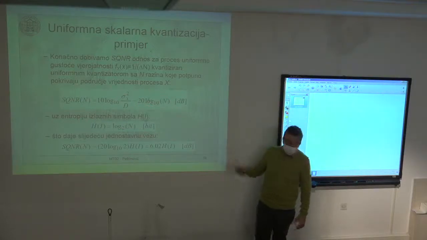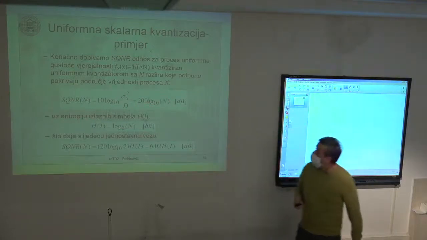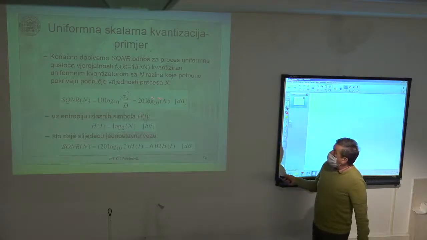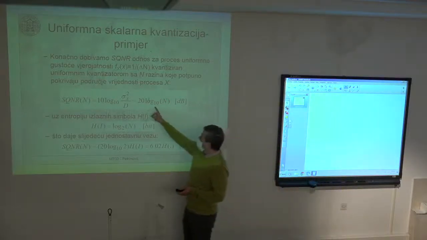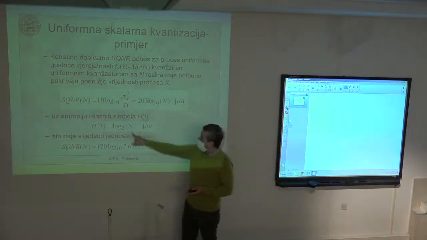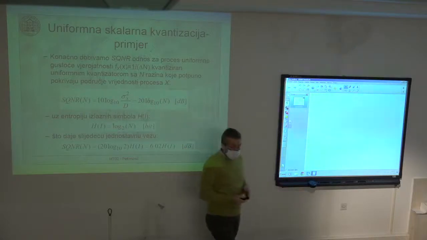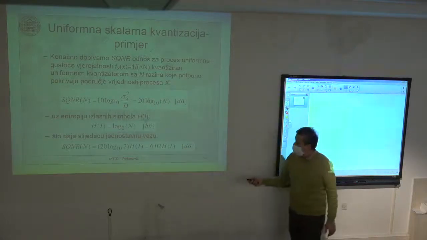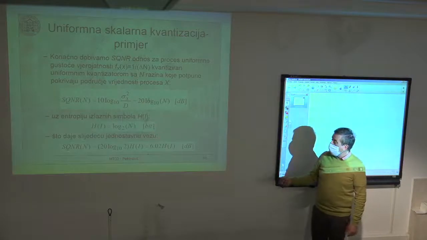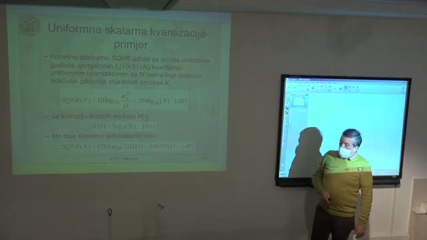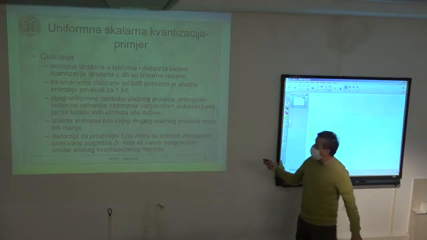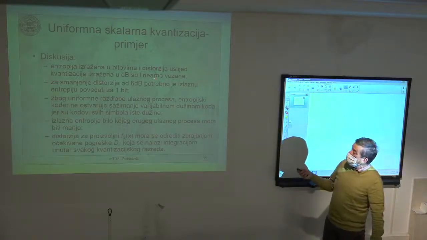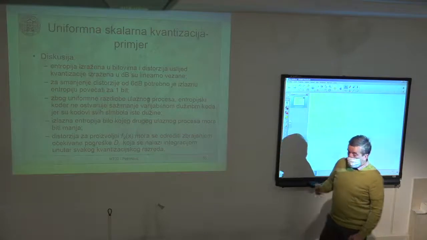When taking this power of 2 out of the logarithm, I get 20 log10 of N. And if I convert this logarithm base 10 to logarithm base 2, then I get this final relationship between quality and rate.